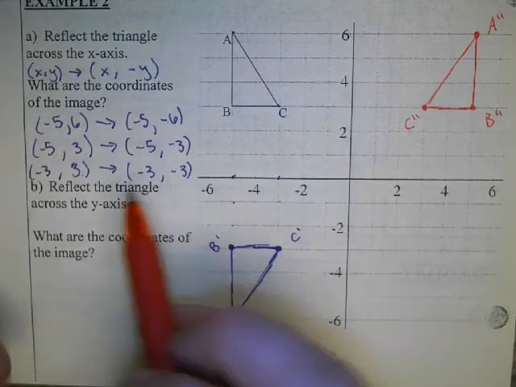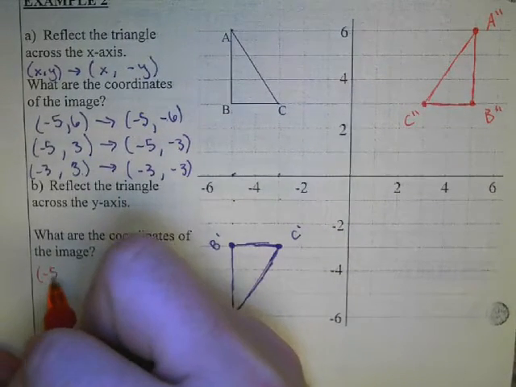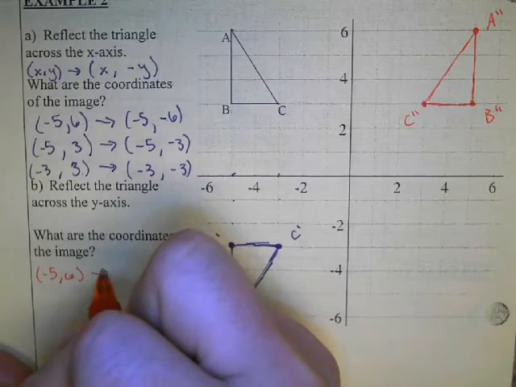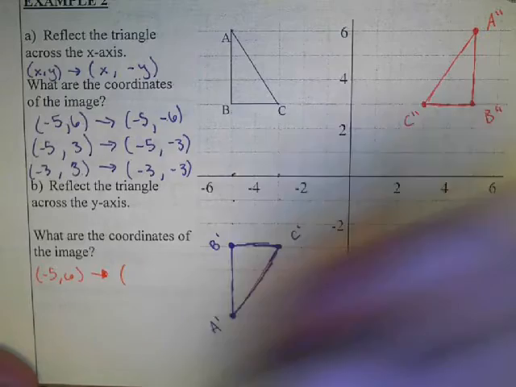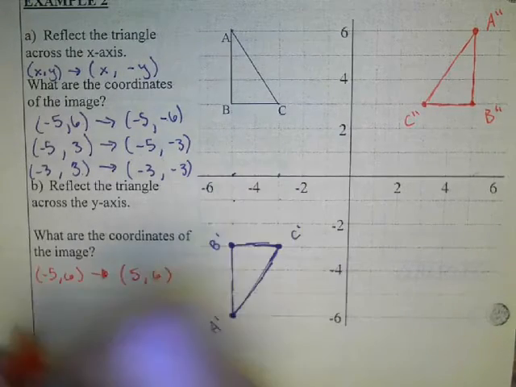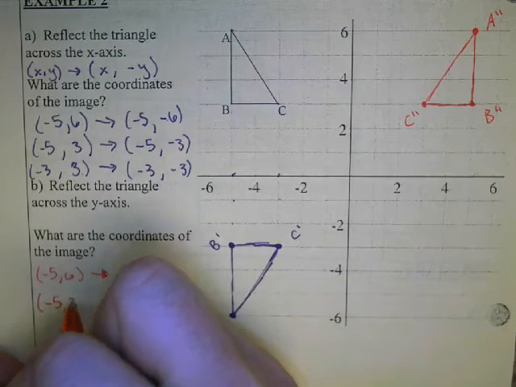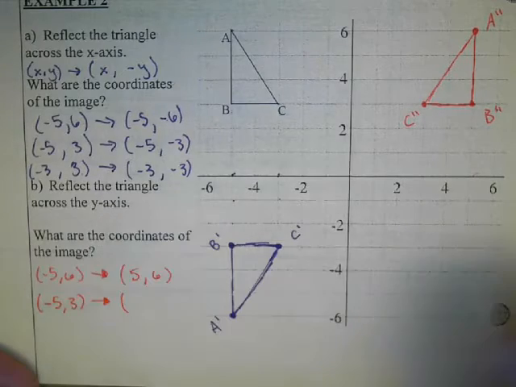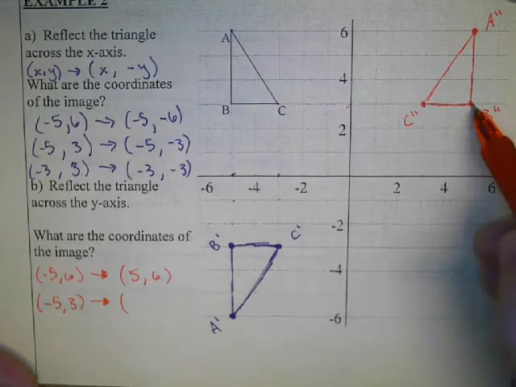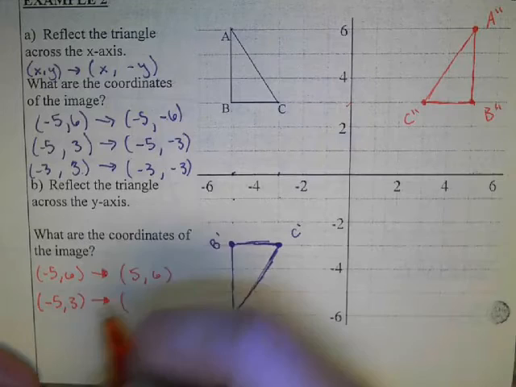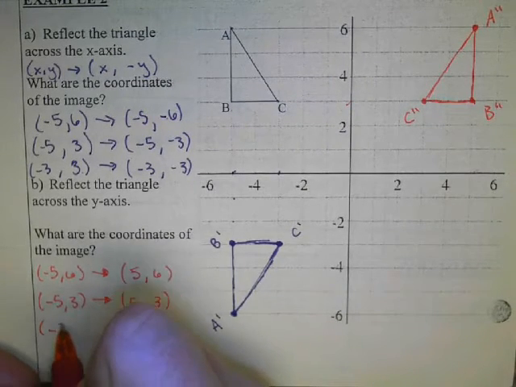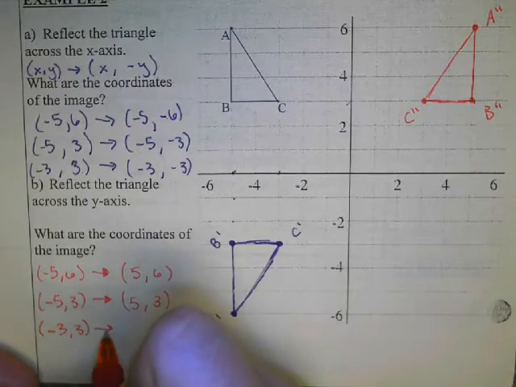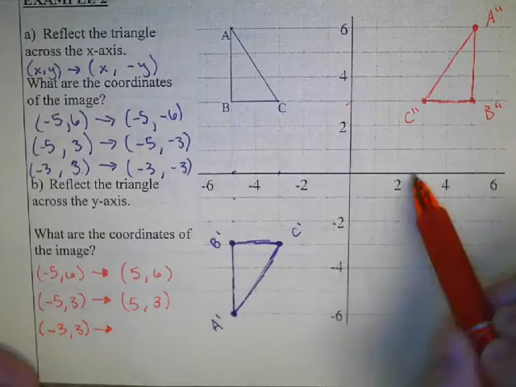Now if I find my original points, (-5, 6) for A was sent to (5, 6). And then (-5, 3) was sent to (5, 3) for my B. And then my (-3, 3) for my C point was sent to (3, 3).